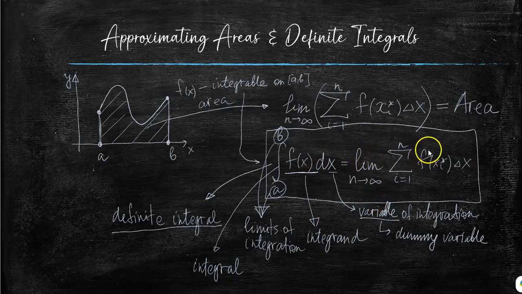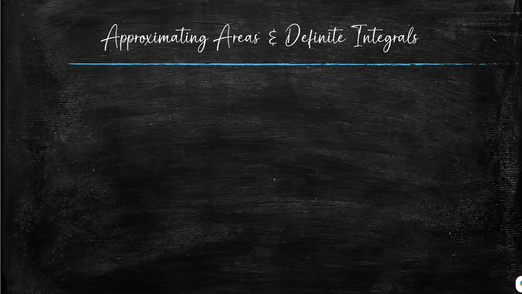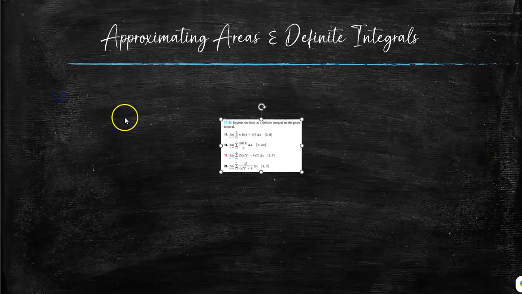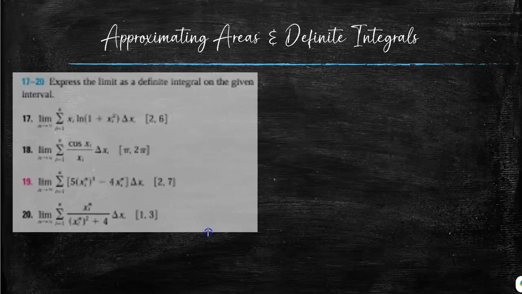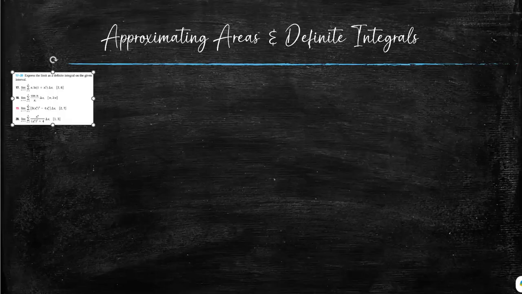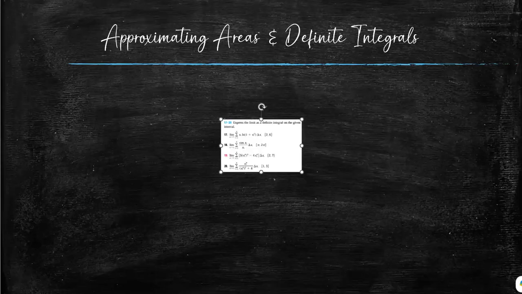Before we get to the good news, the one thing we have to practice is recognizing Riemann sums when we see one. Not a good picture. Let me take another one.